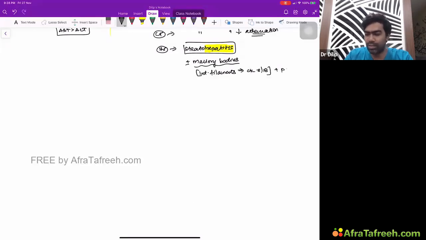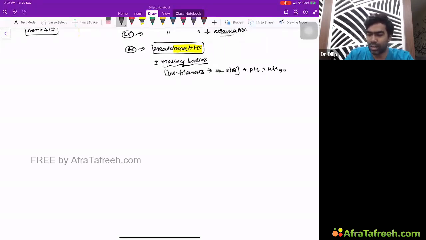Plus they will have some p62 also, plus or minus they can have ubiquitin also. These are Mallory bodies basically. Most commonly they will be seen in ballooned hepatocytes. There is something called balloon degeneration, which is very common in any hepatitis. Ballooned hepatocytes is where you are going to see the Mallory bodies very commonly.